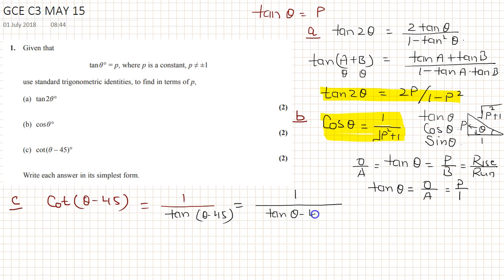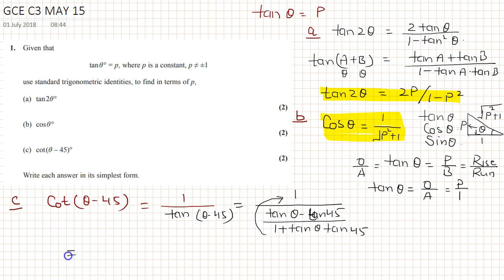So this is equal to 1 over (tan theta minus tan 45) over (1 plus tan theta tan 45). Now this is the numerator of a numerator, so it will become the denominator, it will go here.